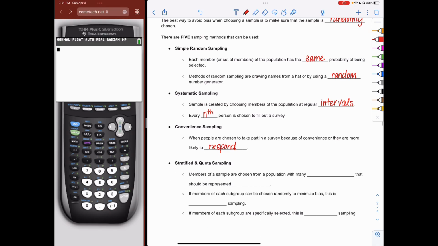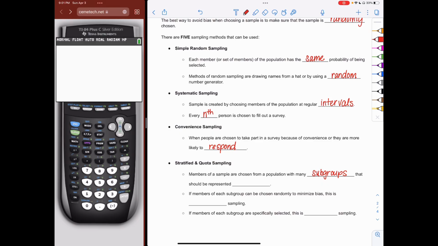Next we have stratified and quota sampling. Members of a sample are chosen from a population with many subgroups that should be represented.